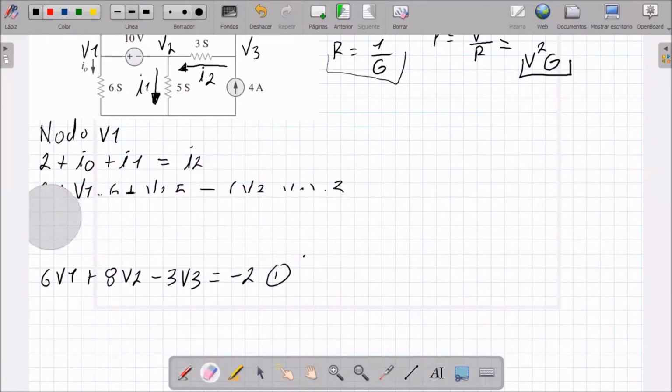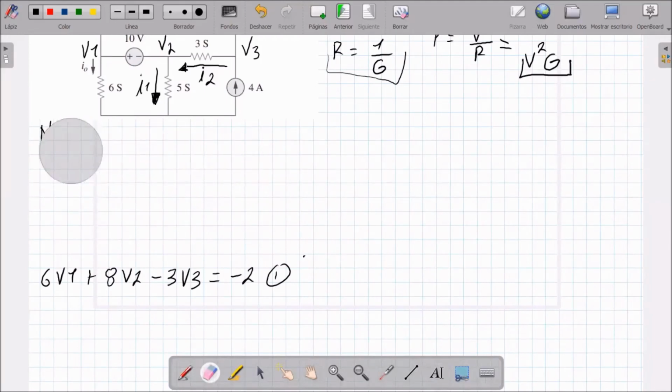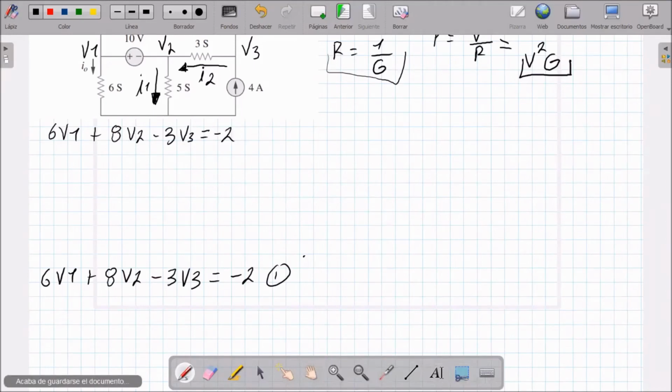I'm going to rewrite it up here to generate more space. It would be 6V1 plus 8V2 minus 3V3 equals minus 2 in the first equation.